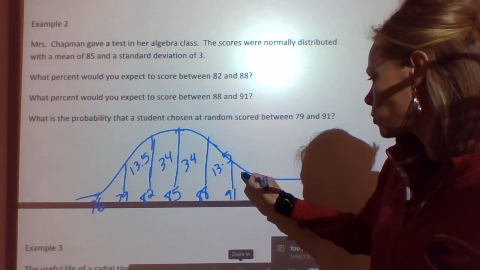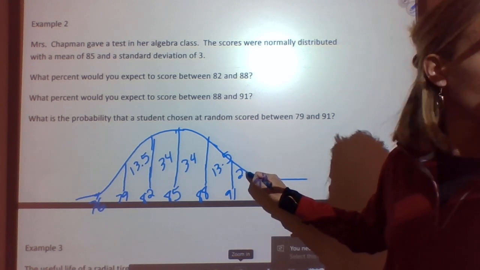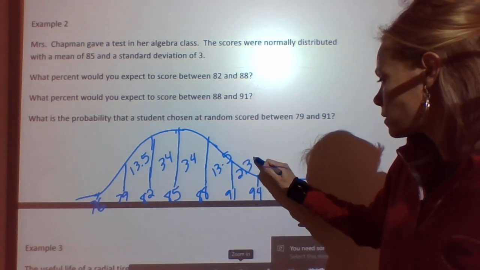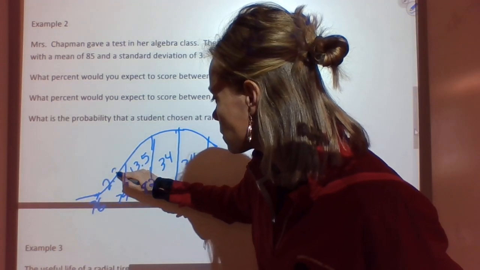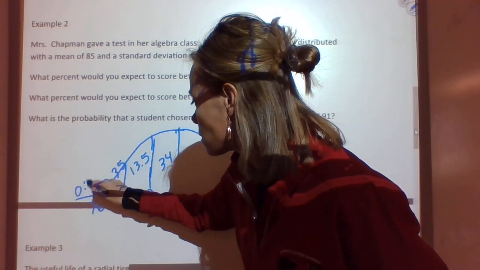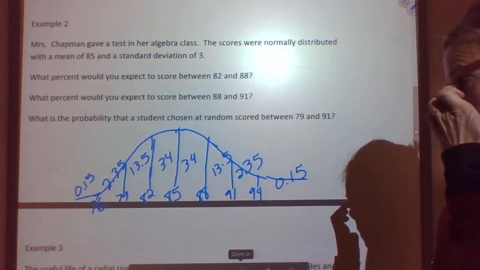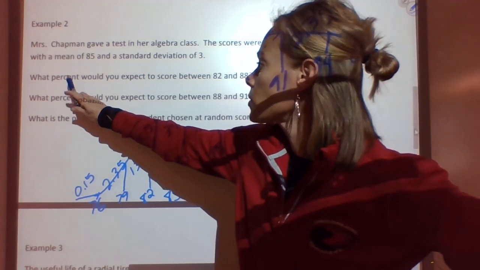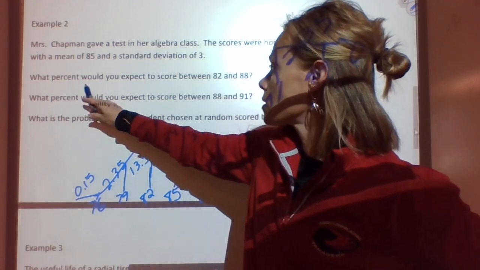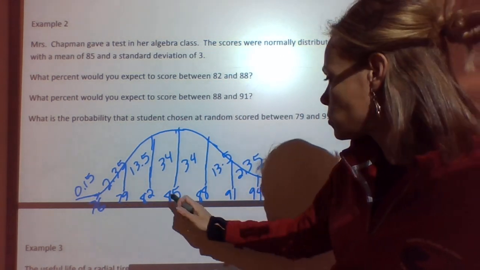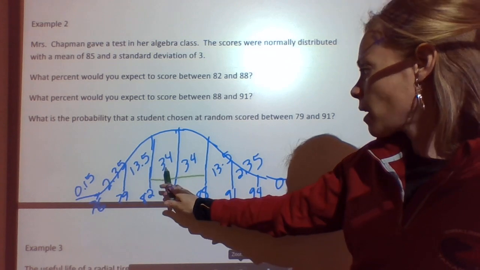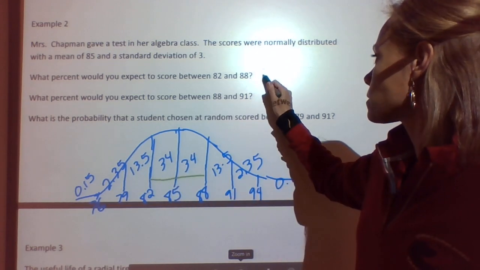And then we have 2.35 and 0.15. Okay, so my question is, what percent, so it's percent now, what percent would you expect to score between 82 and 88? So 82 and 88, I add those together, 68%.